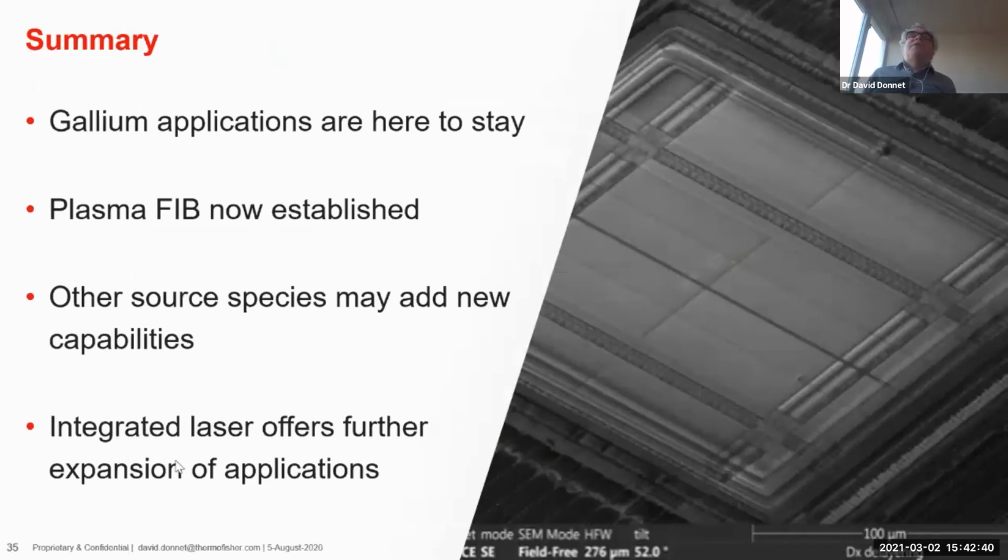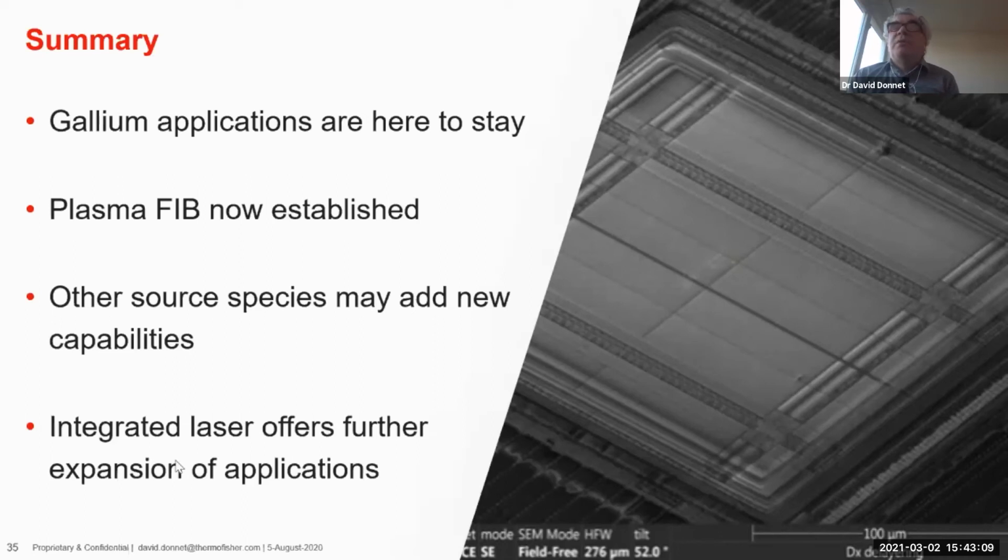So I'd like to summarize what I've talked about today. Gallium applications, the gallium dual beam is here to stay. It will not go away. Especially for TEM lamella prep, but also for circuit edits, it's very important for the semiconductor industry. But the plasma FIB is now well established. We're seeing it taking traction all over in many labs, and we're now seeing also the wafer system getting traction.